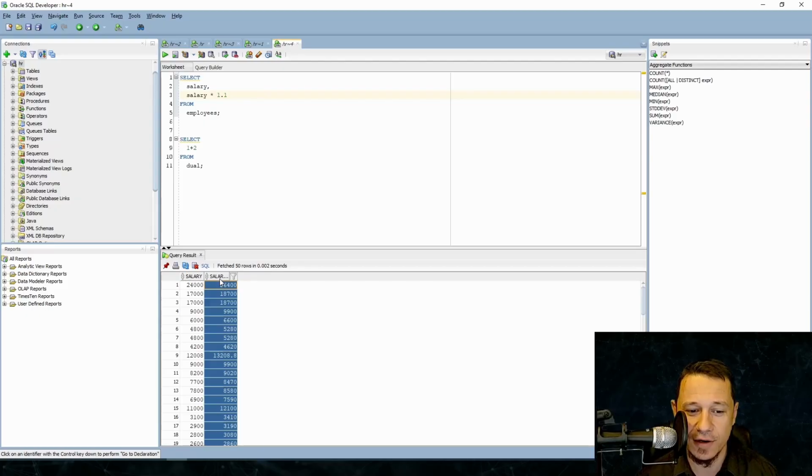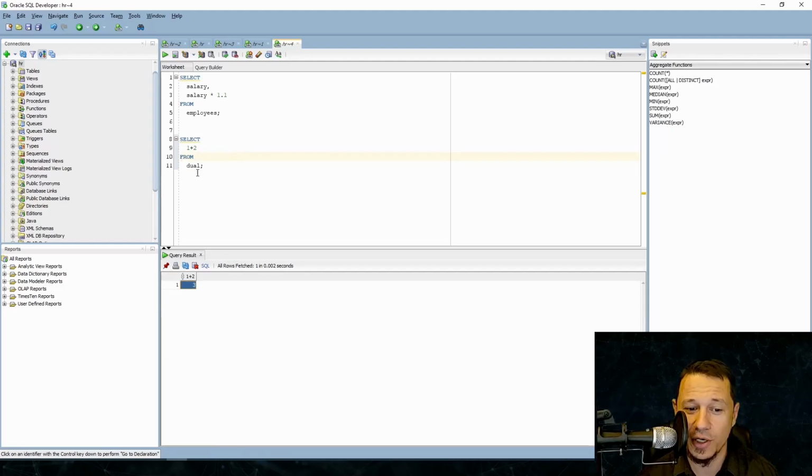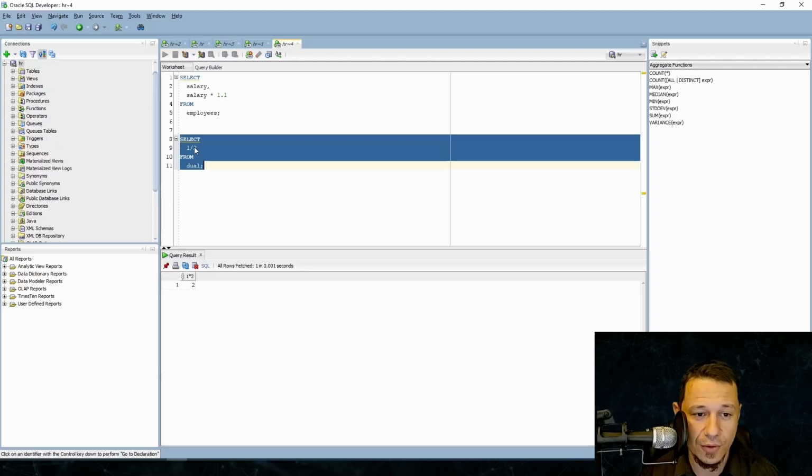We can see in our second column, the salary is multiplied by 1.1, or we added 10%. Also, we can use directly addition, subtraction, multiplication, and division in our query, like for example, 1 plus 2, and we got the result, 1 minus 2, right? Multiplication and division, of course.